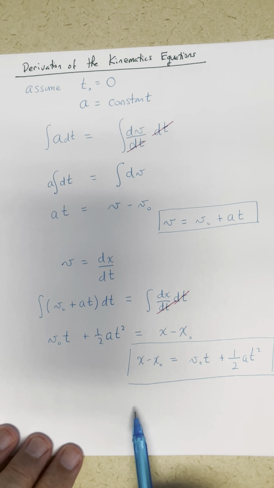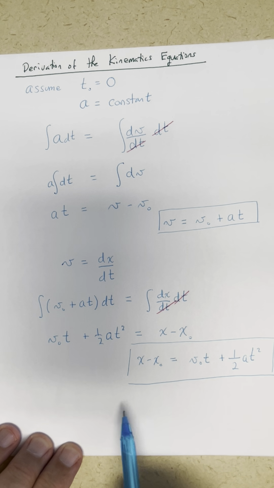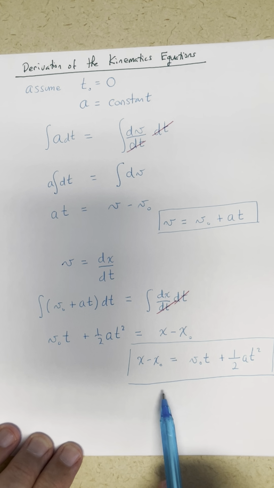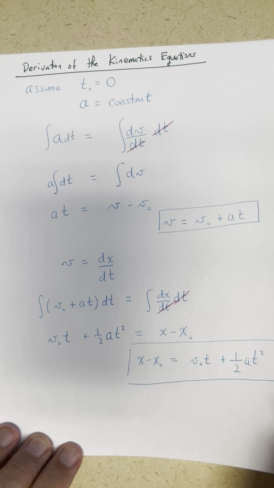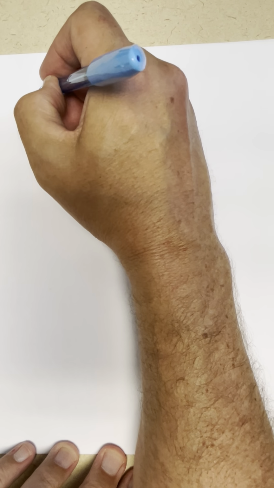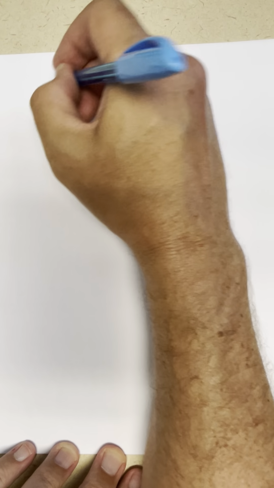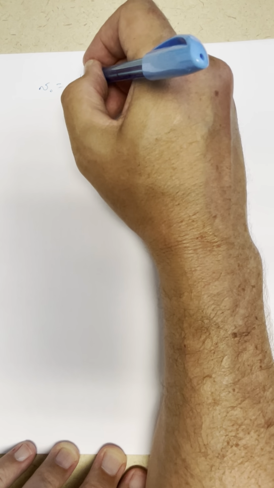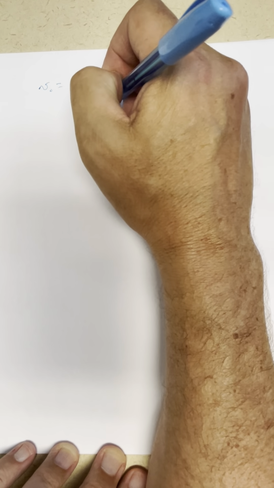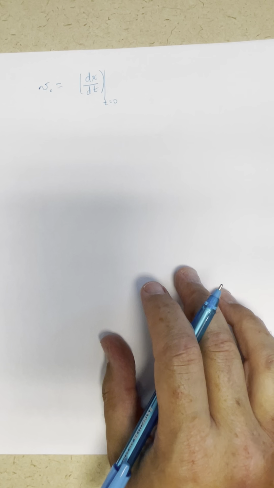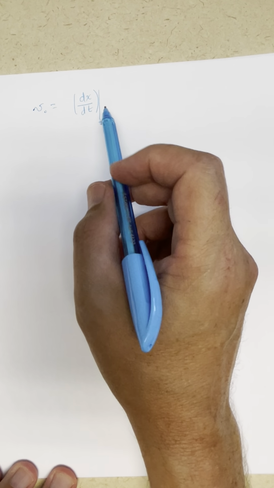I can play a similar game to derive an equation that looks very much like this one, except it has a minus sign and it's the final velocity, not the initial velocity. So let's see where that comes from. And say the initial velocity v0 is the rate of change of position at the initial time. And we're going to integrate both sides with respect to time.